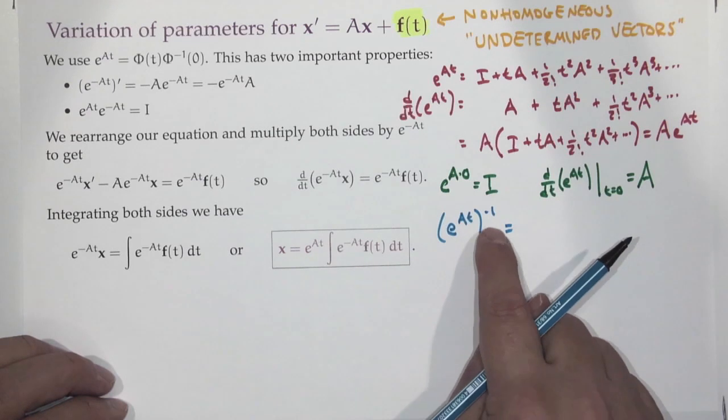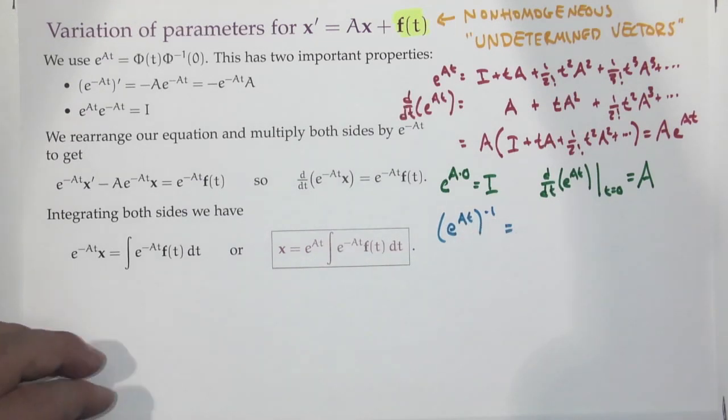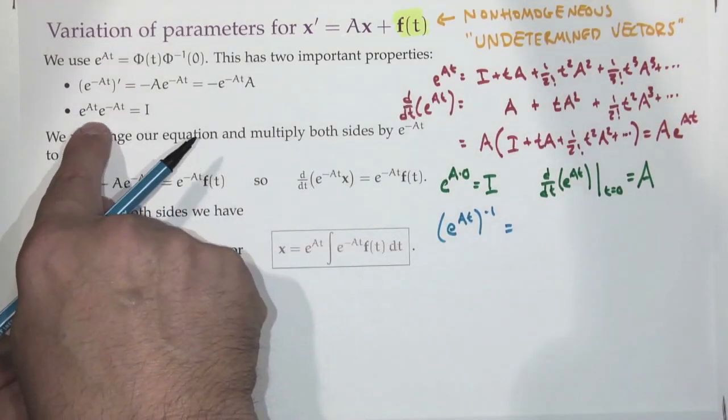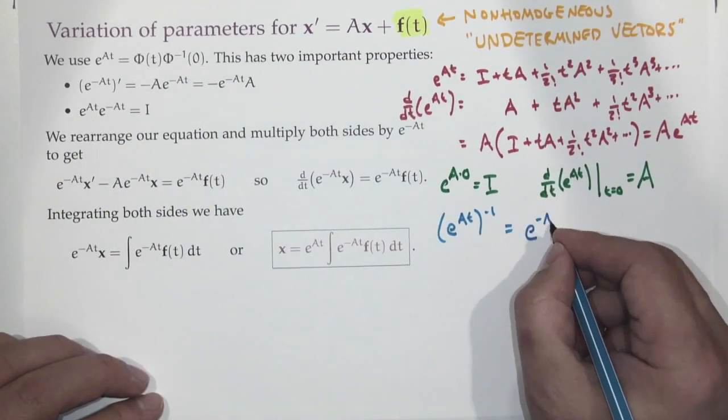Well, we're not doing the inverse function of this. It's to the negative 1 power. It's like we're taking the inverse of a matrix. What do you think that will be? E to the negative At.